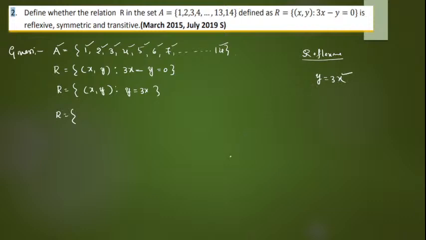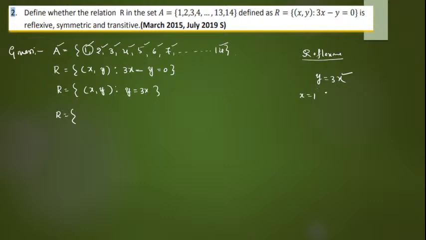See here, first they have asked whether the relation R is reflexive, symmetric and transitive or not, or you can check whether it is an equivalence relation or not, right? So let us take x is equal to 1 here, the first element.